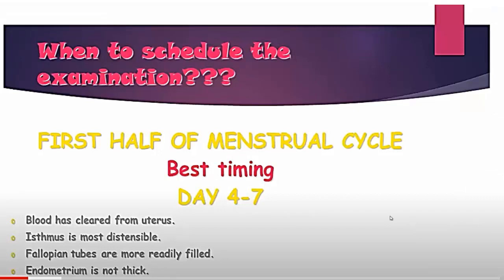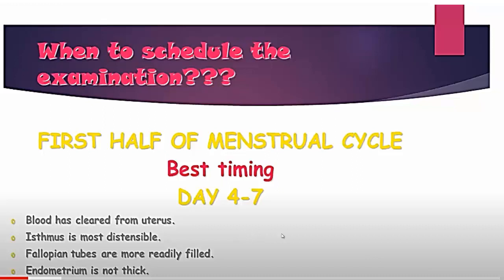Then came the important question: when to schedule the examination? Some books or articles say in the first half of the menstrual cycle, best timing from 4 to 7 days. Some say the 10-day rule, up to 10 days of the first part of the cycle.